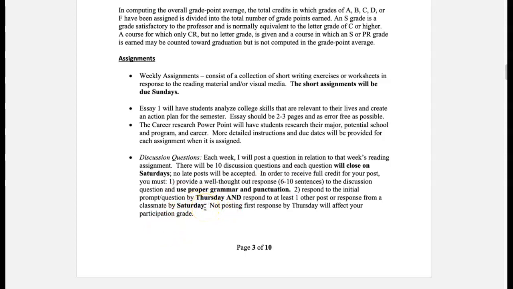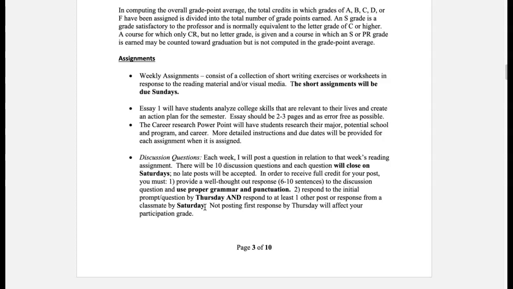Make sure you write it on your calendar that your first post is always due by Thursday. Obviously, it's the beginning of the semester and we're starting on a Wednesday, so for this week, your first discussion post is due on Sunday, but that's only because this is a short week. Once we start next week, your discussion posts will be due on Thursday and Saturday.